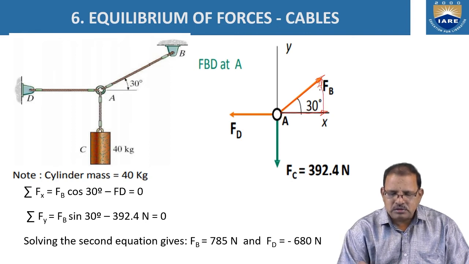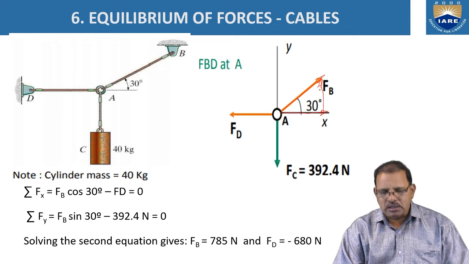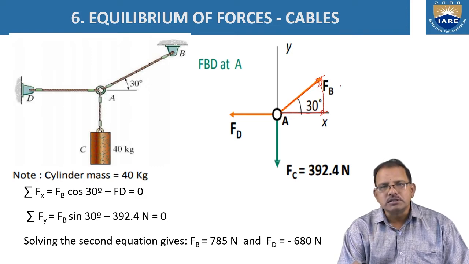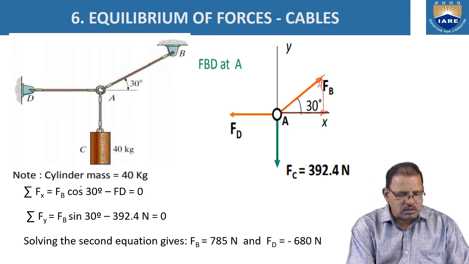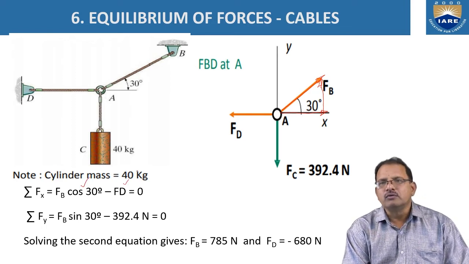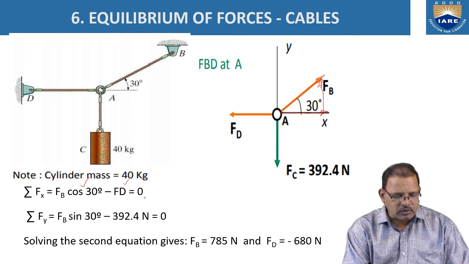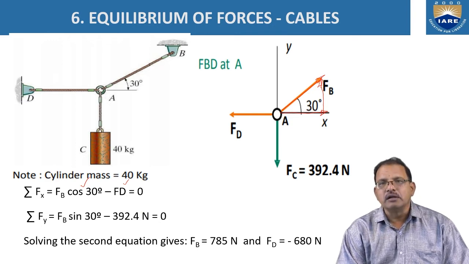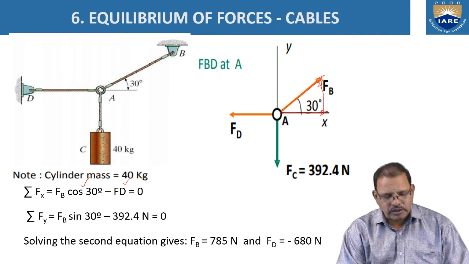The sum of the forces acting in the x direction is equal to FB cos 30, which is positive since it is acting toward the right side, minus FD, which is toward the left side, and it should be equal to 0. By using this equation, we get the relationship between FB and FD, both of which are unknown quantities.